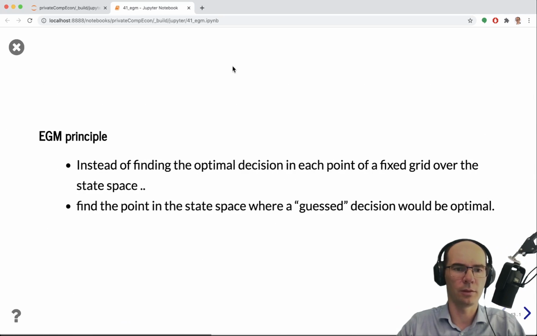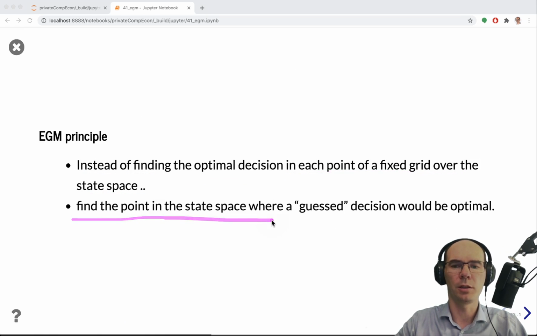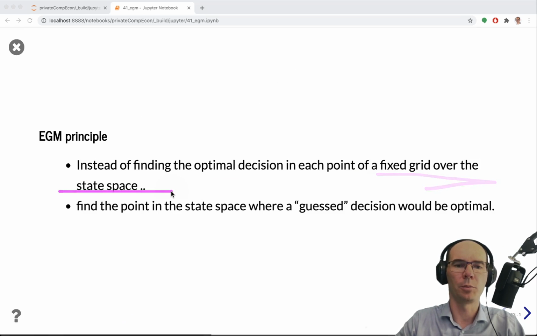So here's the EGM principle. Let me jump to that. Instead of finding the optimal decision in each point of a fixed grid over the state space, we find the point in the state space where a guessed decision would be optimal. What does it mean? Before, we had a fixed grid over the state space, over wealth.